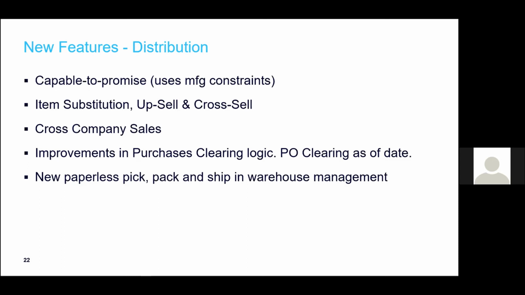Brand new feature in distribution: cross-company sales. So lots of deployments of Acumatica are for multiple companies. Our customer has a few different companies, and sometimes they have different companies because they're selling different types of products or different product lines. And also sometimes those companies sell to each other. And now there's a concept in Acumatica of cross-company sales.